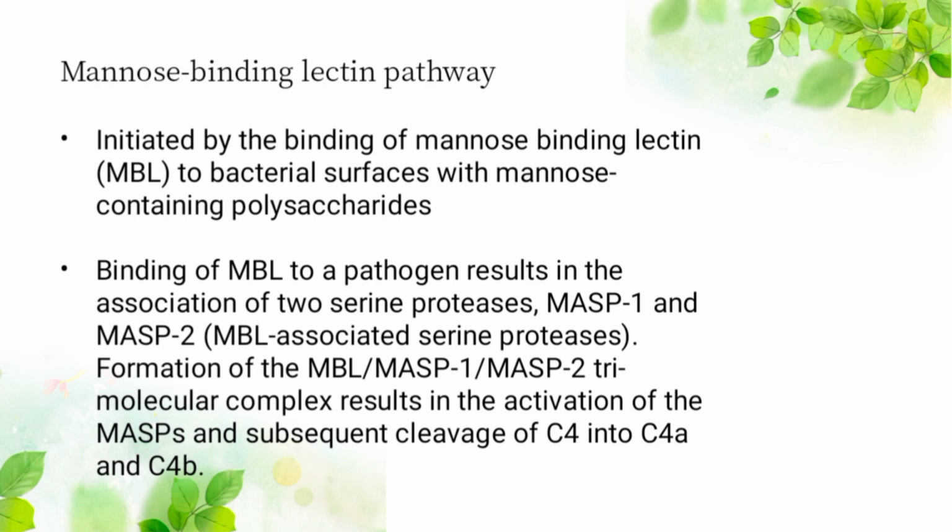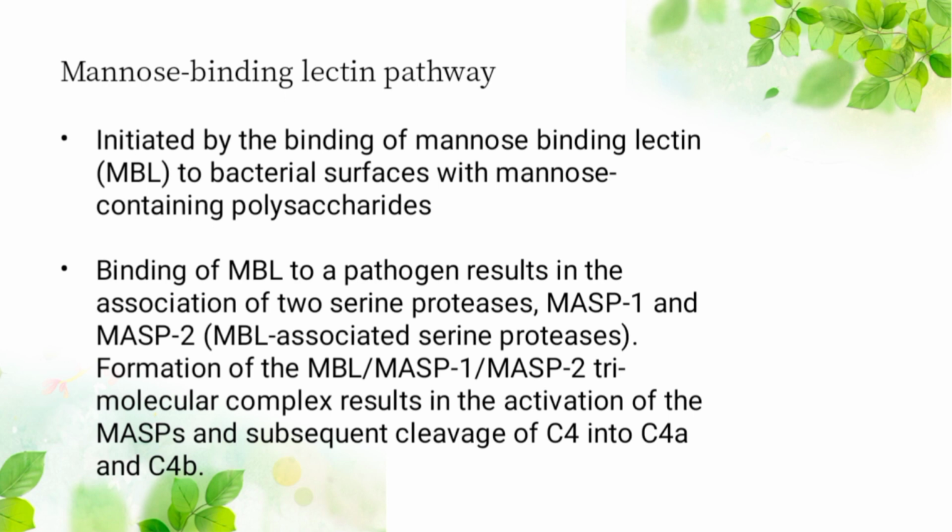Formation of the MBL, MASP1, MASP2 trimolecular complex results in the activation of the MASPs and cleavage of C4 into C4a and C4b. Complement MASP1, a lectin associated serine protease, activates coagulation factors and promotes clot formation. However, this is mainly shown in purified or plasma based static systems.